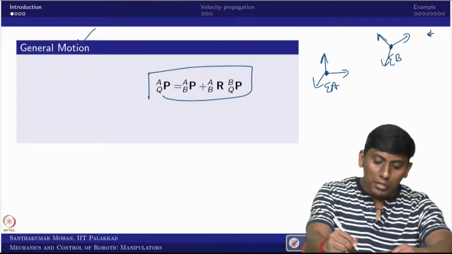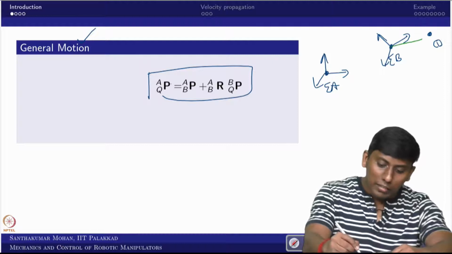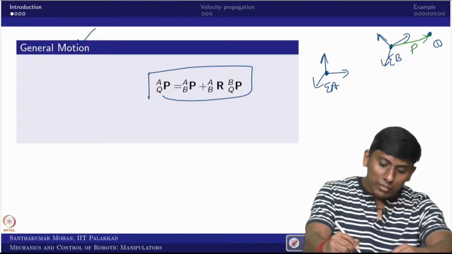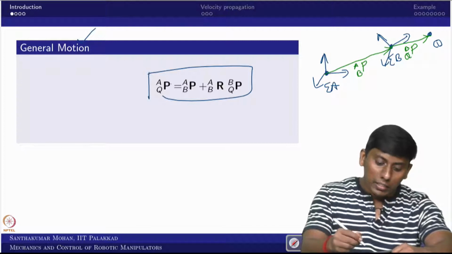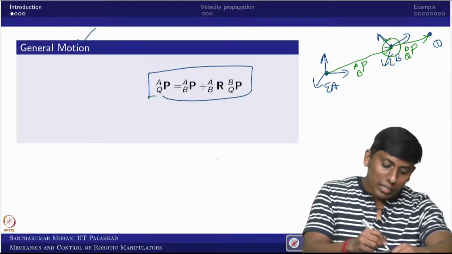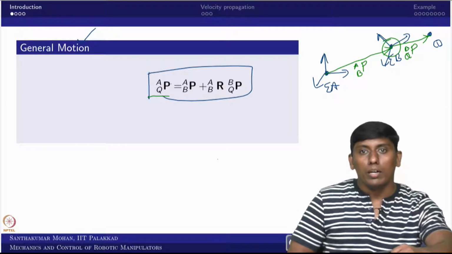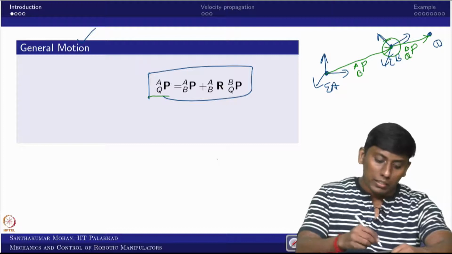Now there is a point Q. We can write the vector Q with respect to B, and the position vector of B with respect to A. If that is known and the rotation matrix is known, then I can write the position vector of Q with respect to frame A in this form.